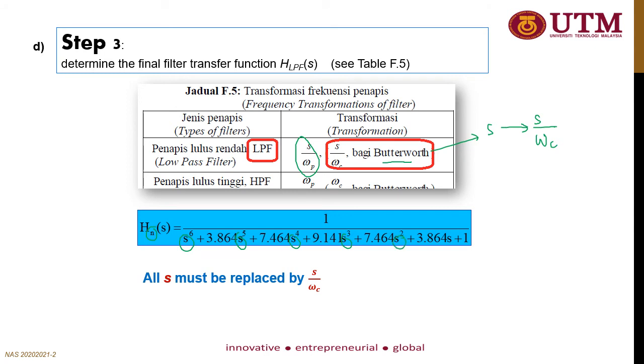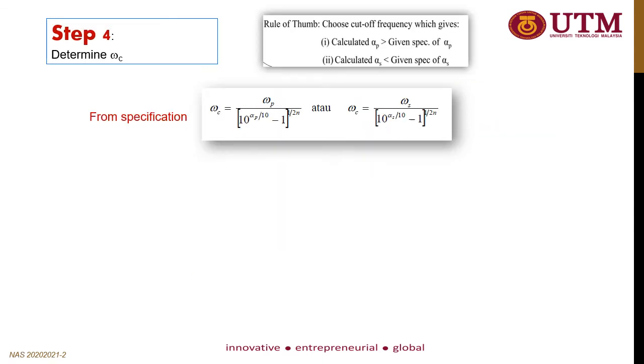But what is omega c? We haven't calculated any omega c yet. Therefore, you need to refer to the appendix for the equation of omega c. This is the equation shown in the appendix to calculate omega c. As mentioned earlier, for Butterworth, you have to calculate two omega c values.